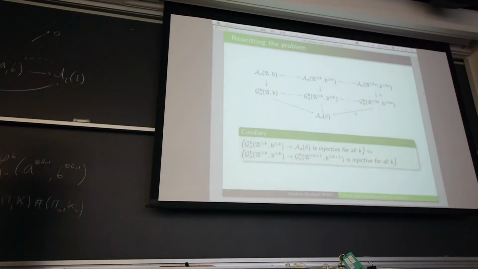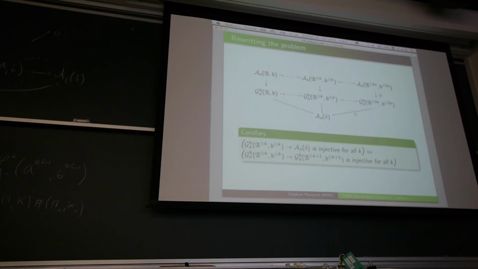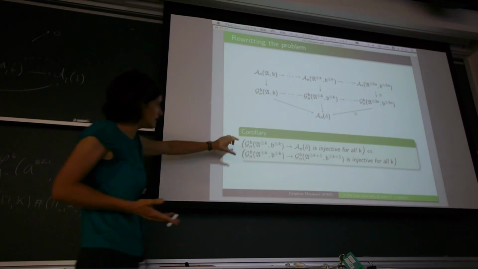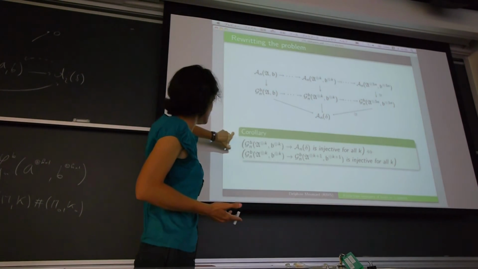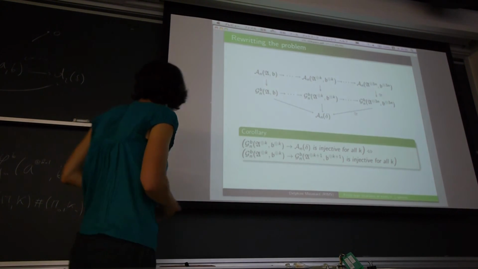This is a way to rewrite our question. And this is indeed what really interests us, because what does that mean? That this map is injective.